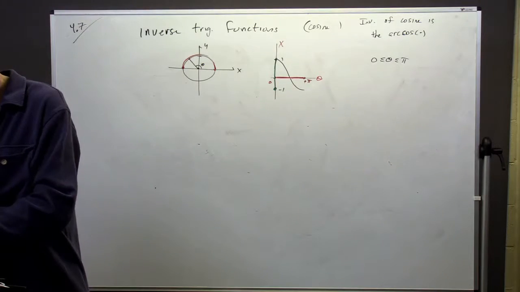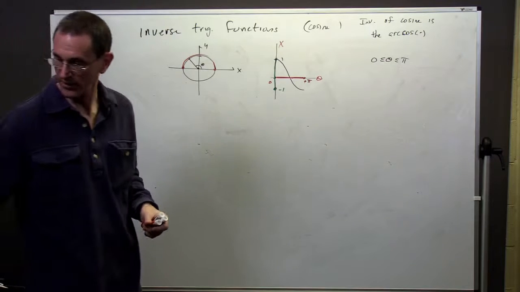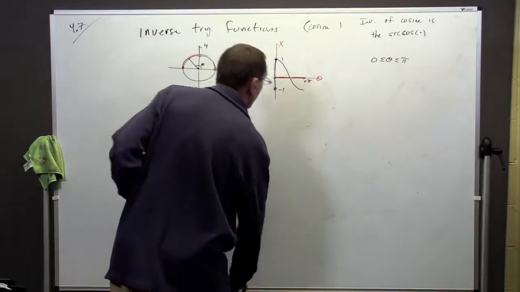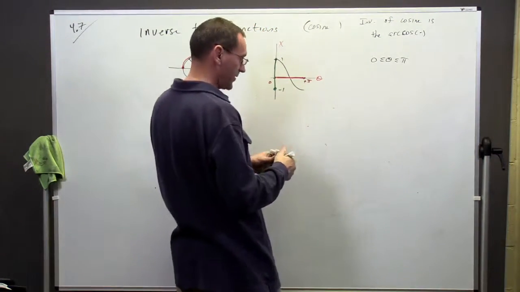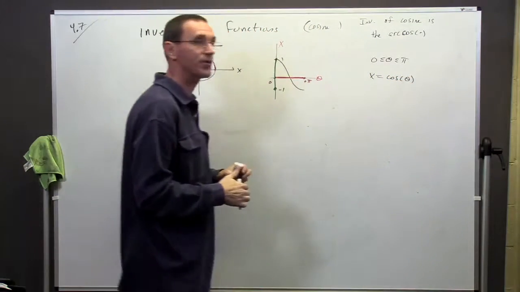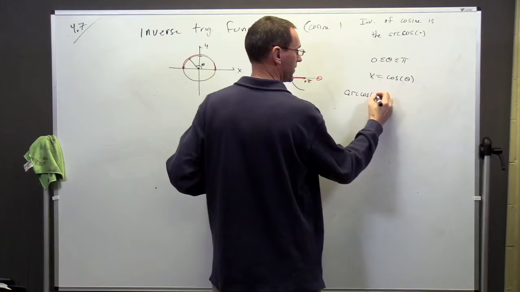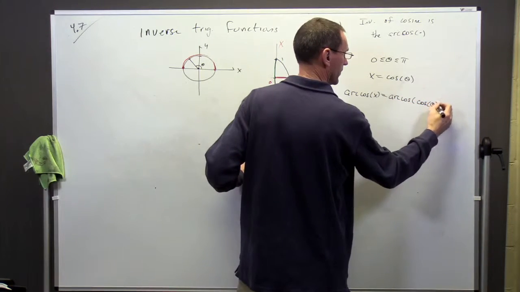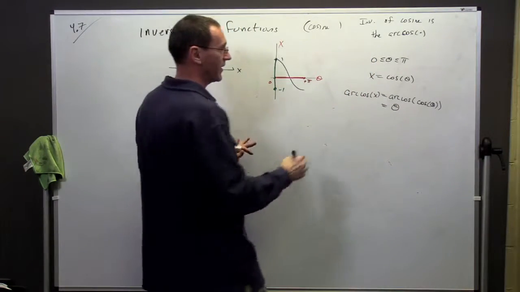Okay, so what this means then is that as long as theta is between 0 and pi, and I tell you that x equals cosine of theta, I can take the inverse cosine of both sides, and as long as that value of theta is in between there, I'm going to get the theta.